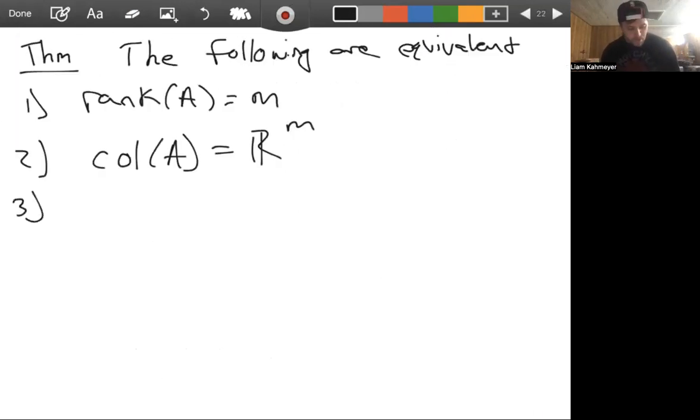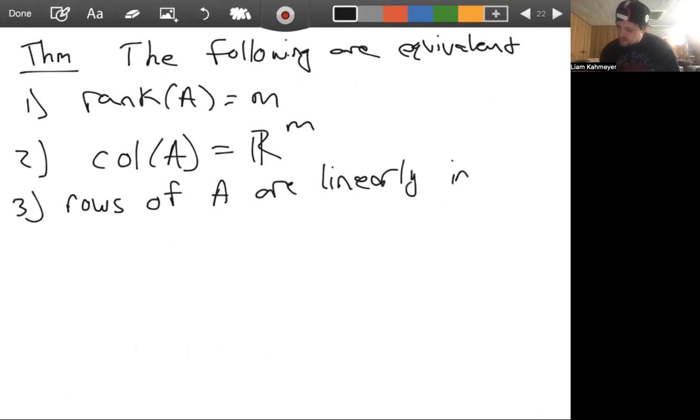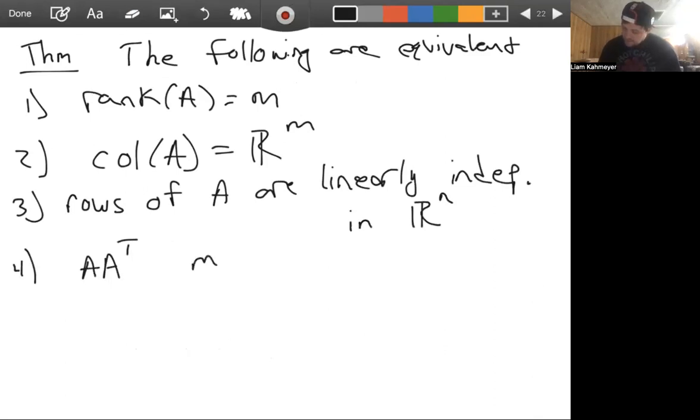So 3, we have that the rows of A are linearly independent in Rn. We have that A times A transpose is an m by m invertible matrix.